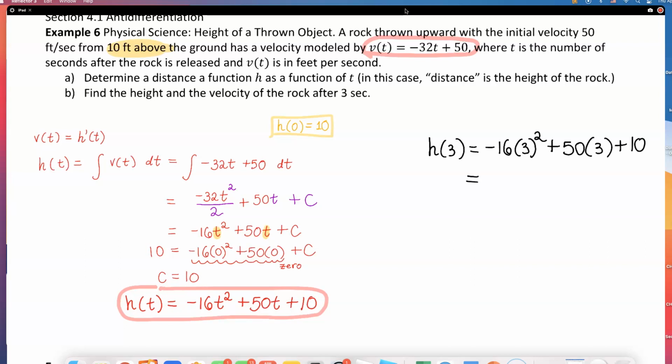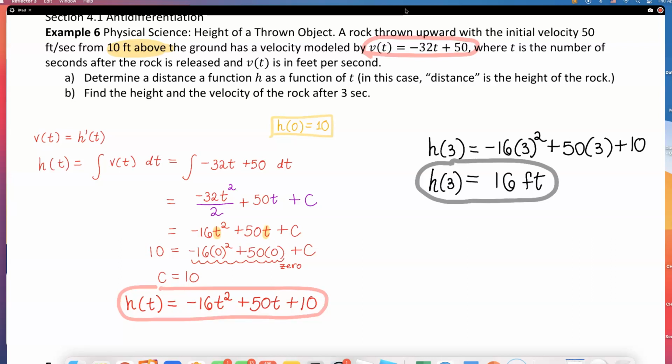Let's type this into the calculator: negative 16 times 3 squared plus 50 times 3 plus 10. That came out to be 16, and the unit is feet. This is h of 3. At time 3 seconds, it is up at 16 feet.